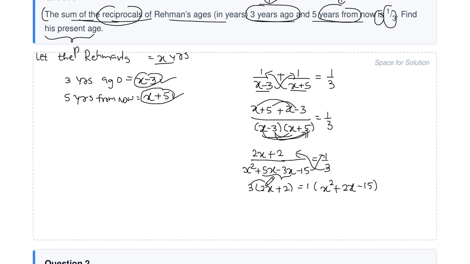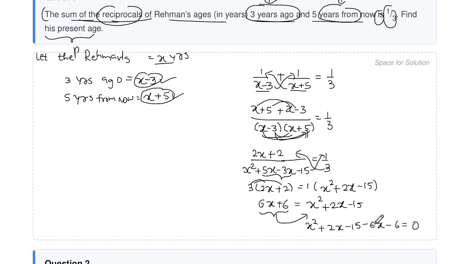If you multiply this 3 inside, we get 3 into 2x, which is 6x, plus 3 into 2, which is 6, is equal to 1 into this full thing, x square plus 2x minus 15. If we take 6x plus 6 to the right hand side, we will get x square plus 2x minus 15 minus 6x minus 6 is equal to 0.